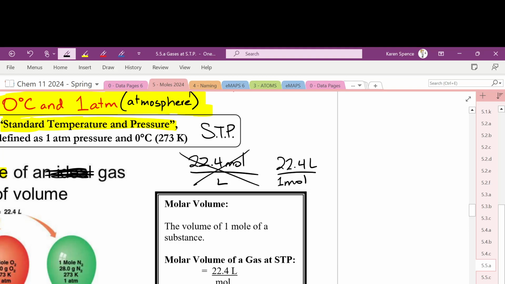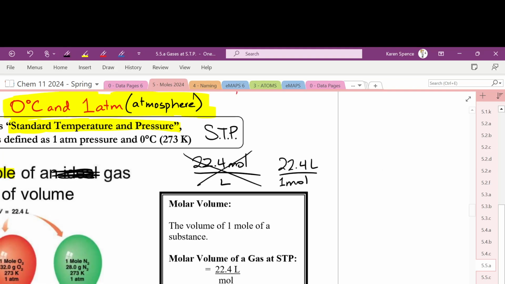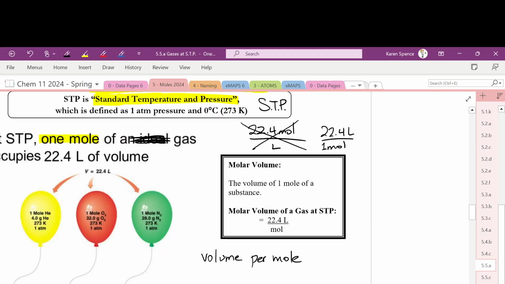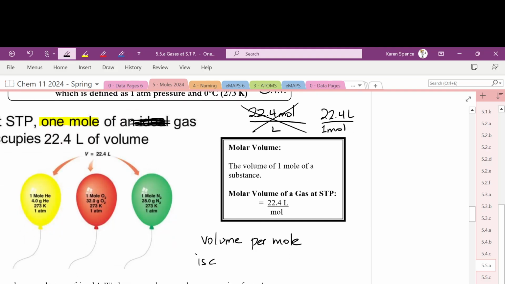So not that one. The only time you don't put the 1 with the mole is when you have molarity. Do we remember that? Okay, good stuff. Volume per mole. What do we call the volume per mole? Molar volume. So the volume per mole is called the molar volume.